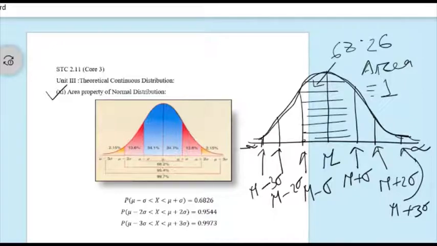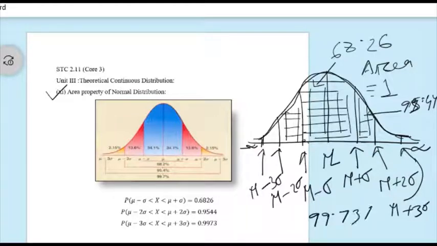If we extend further, that means if we take the area from mu minus 2 sigma to mu plus 2 sigma, this area covers 95.44% of the total area. And if we take from mu minus 3 sigma to mu plus 3 sigma, it covers 99.73%. That is almost all.